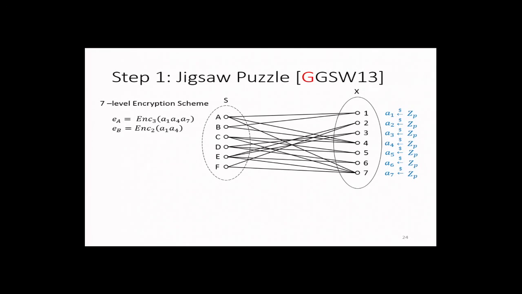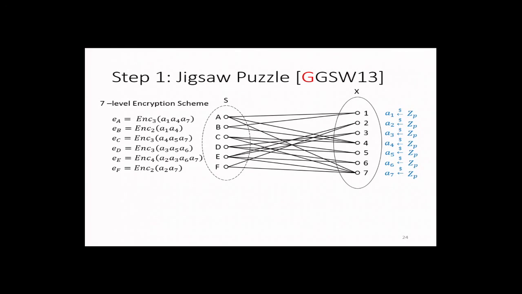Similarly, I'm going to generate a second ciphertext corresponding to the vertex B, and so on. Right? So note that so far I don't even know whether this graph has an exact cover or not. All these ciphertexts or encrypted jigsaw puzzle pieces are being generated oblivious of the fact whether the graph has an exact cover or not.